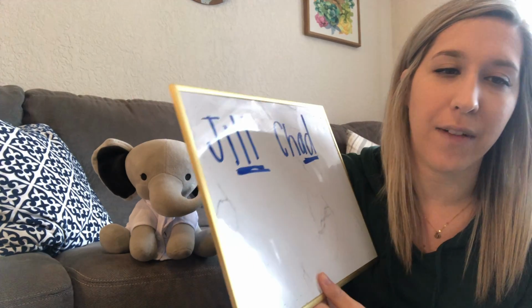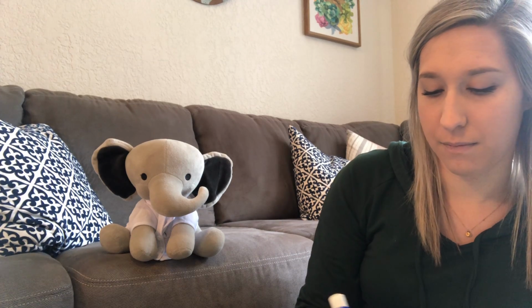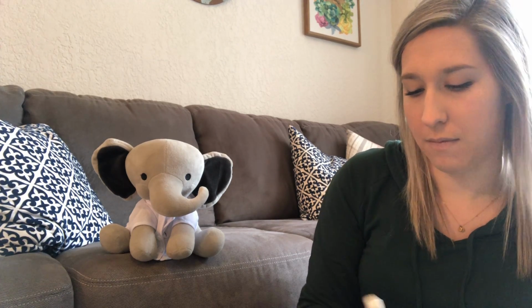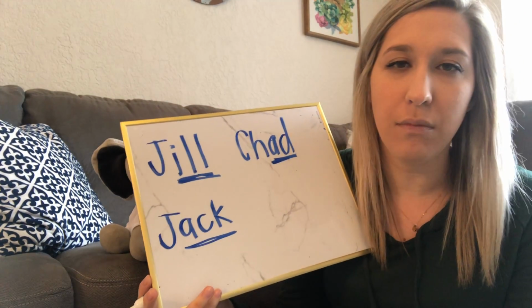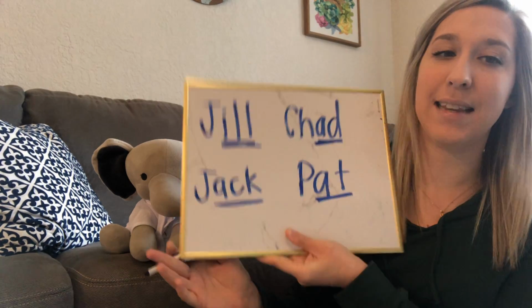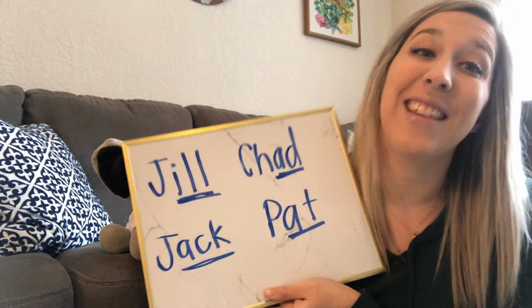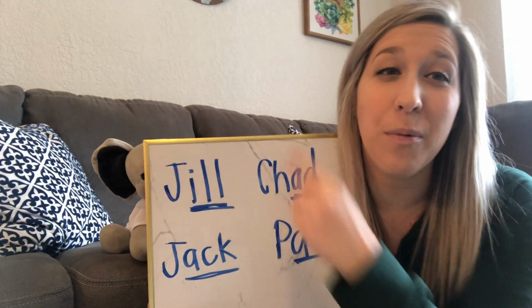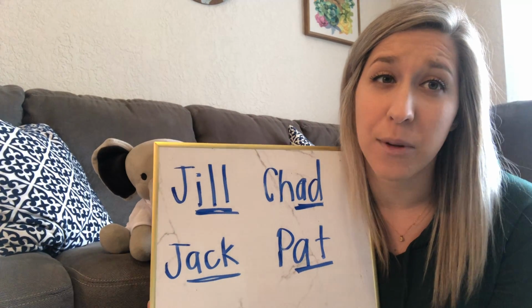We could have Jack and have that ack ending, okay. We could have Pat and have that at ending, okay? So there are lots of different names you could come up with, but we want to stick to these simple 1-syllable names.